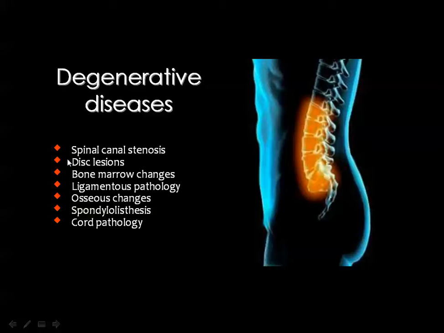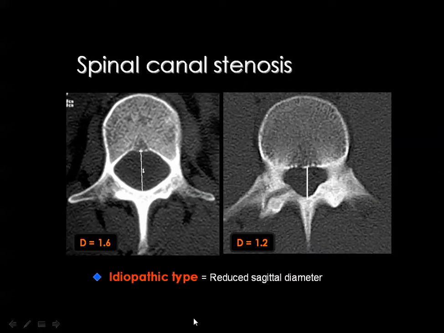For example, the spinal canal stenosis has three types: the congenital type, the developmental type, and the acquired type, and so on. In the first part of this talk about the degenerative diseases of the spine, we will handle only the first two items, which are the spinal canal stenosis and the evaluation of disc lesions.